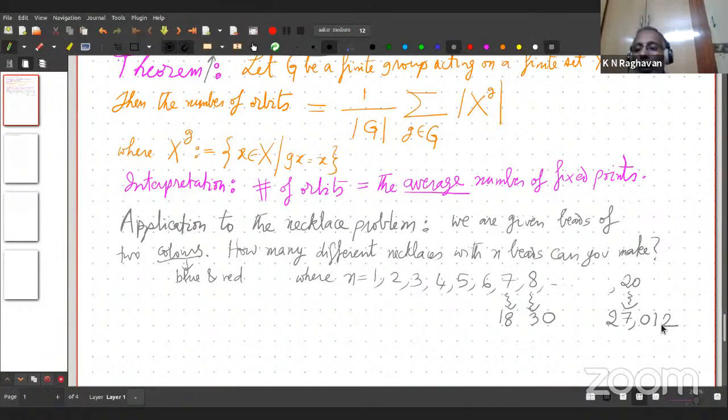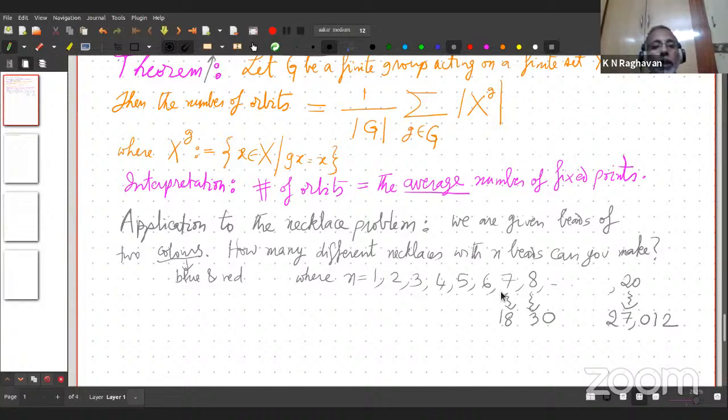And even if we were able to enumerate, say, 27,000 of them, how are we sure that we have enumerated all of them? So we want some kind of theoretical way of counting without actually enumerating. And I'm claiming that this orbit counting lemma will help us do precisely that.